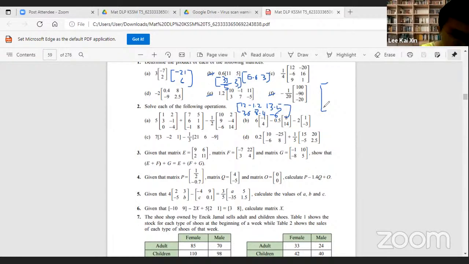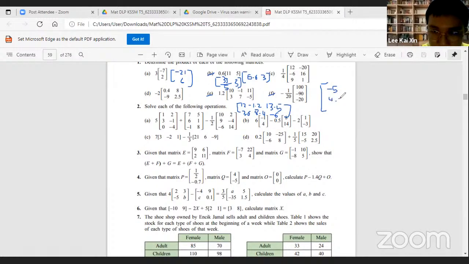So 1/20 times, -1/20 times 100, we will get -5. So the second part, we will get 9/2. So you can put 9/2, or you can put 4.5.